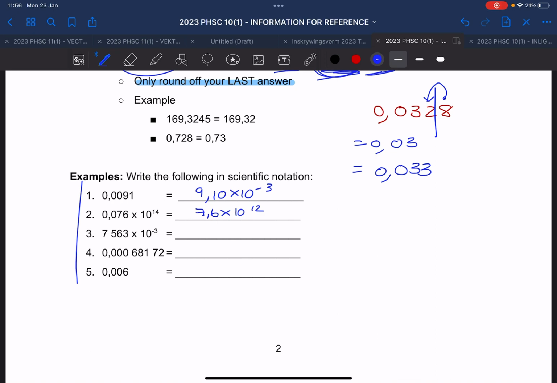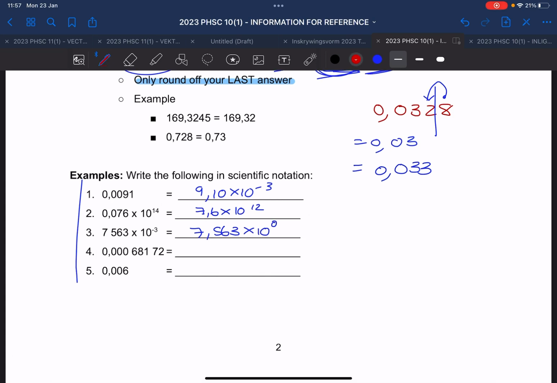The next one, you will get 7.563 times 10 to the power negative 3. Oh, sorry, no. You are actually going to get, sorry, I just want to show you something. You're going to get times 10 to the power of 0.